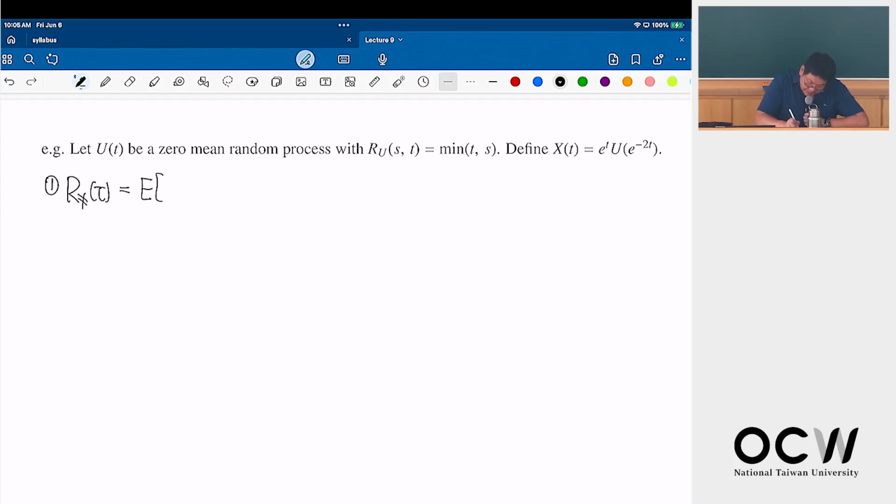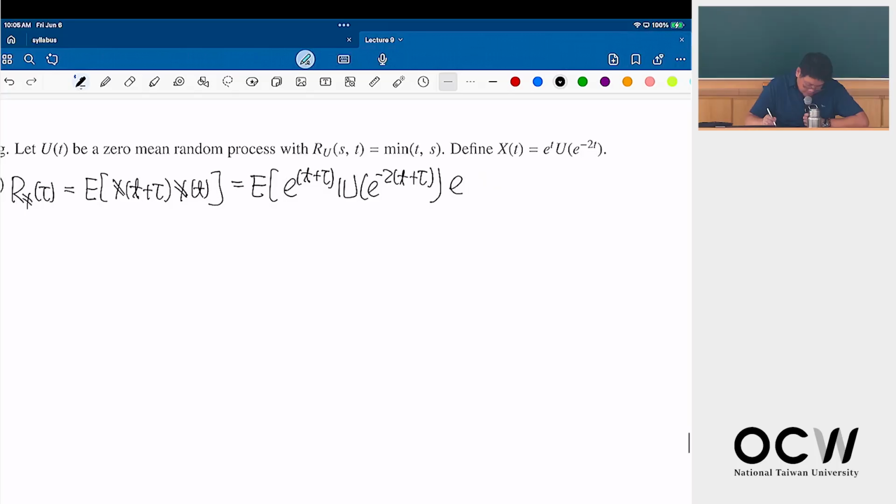Then that's the expectation of X(t+tau) X(t). So it is e^(t+tau), and then the U of e^(-2(t+tau)). And then the X, so e^t, U of e^(-2t).